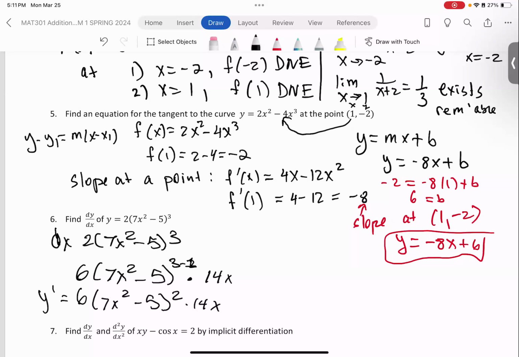Now notice that when you apply the chain rule, the inside stays the same. This thing doesn't move, and then you take a derivative of this later. Is that okay? All right. So you don't want to do two things at the same time. The most common mistake would be to do 6 and then 14x and then square all at the same time.